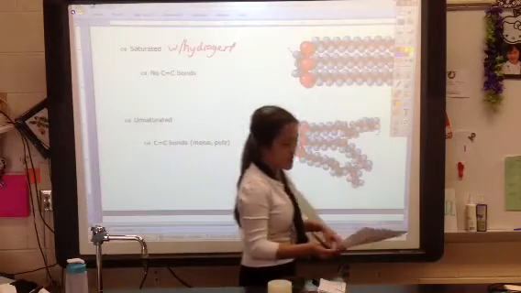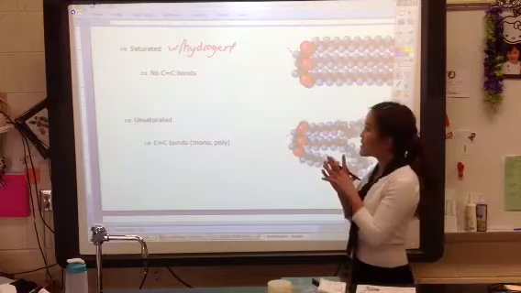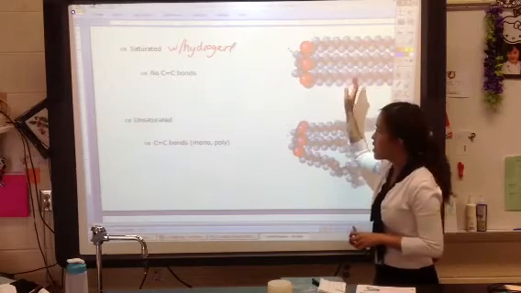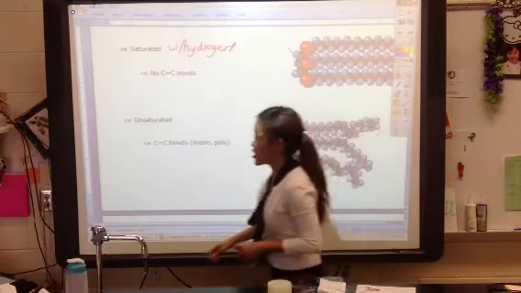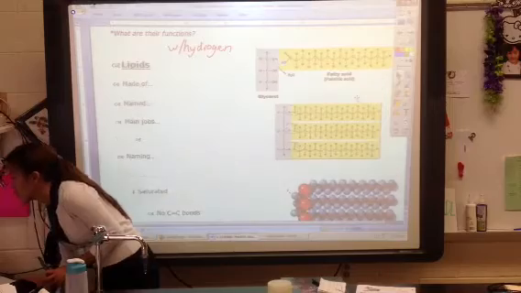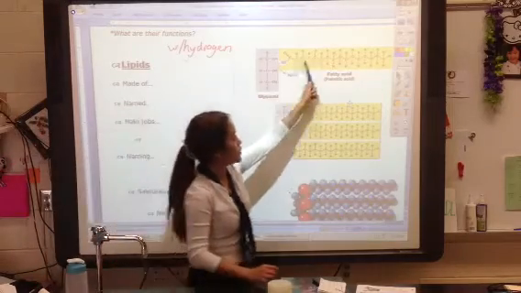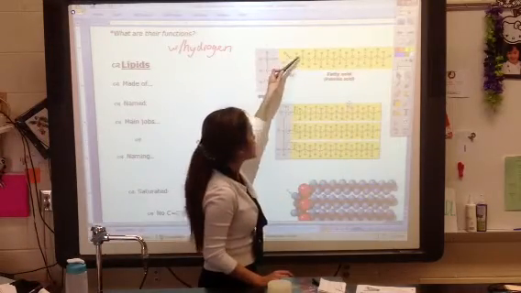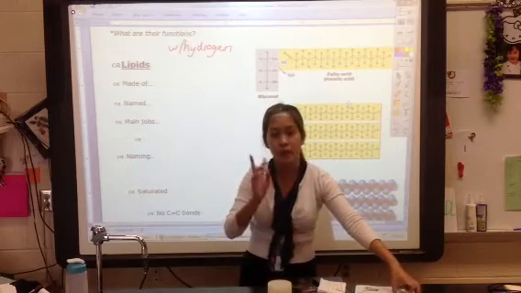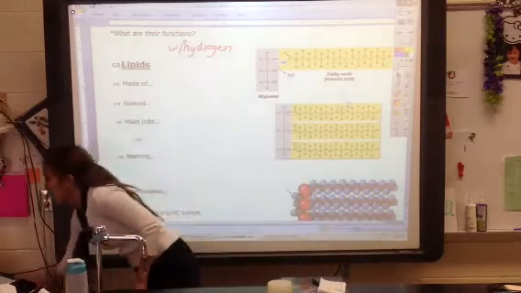So when a lipid is completely saturated, we're generally talking about that fatty acid tail. If you noticed in the image earlier, we had our carbon chain completely filled with hydrogen atoms.